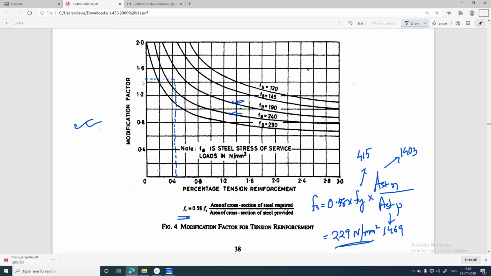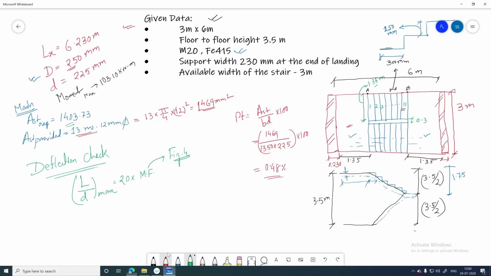So the value of the modification factor for the respective percentage of steel, that is 0.48, the PT percentage of steel that we got, is 1.45. So just put here, the modification factor value of this is 1.45.